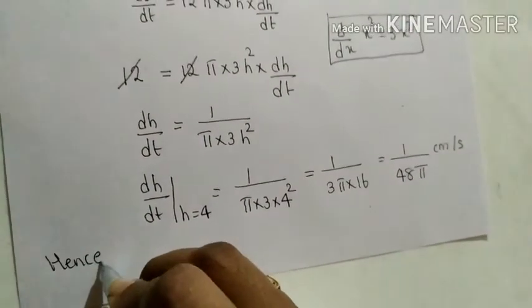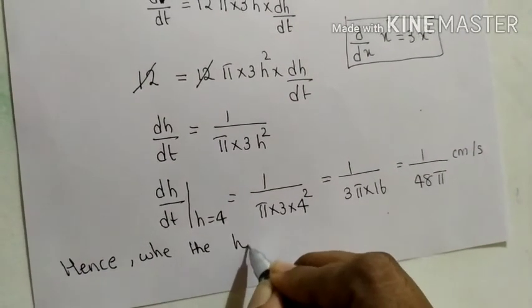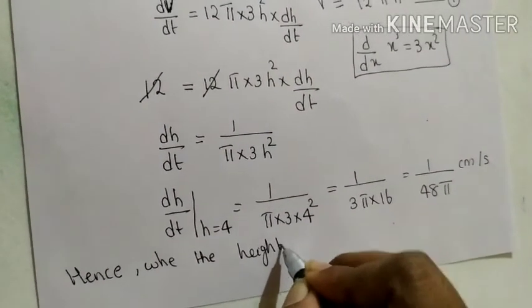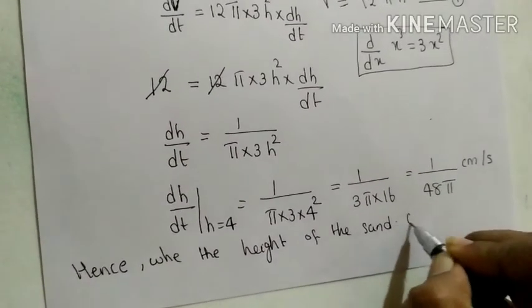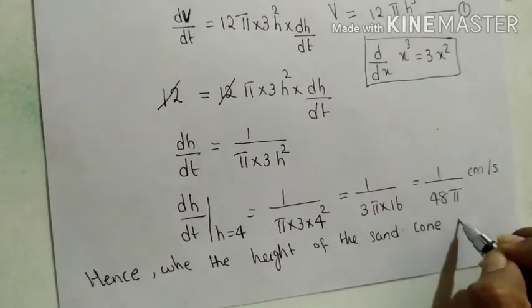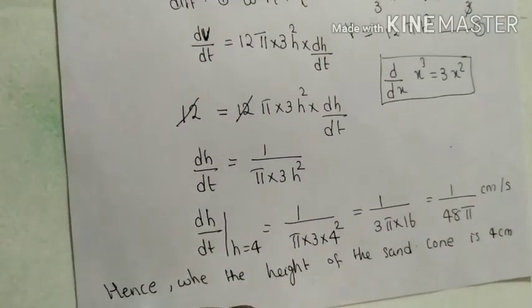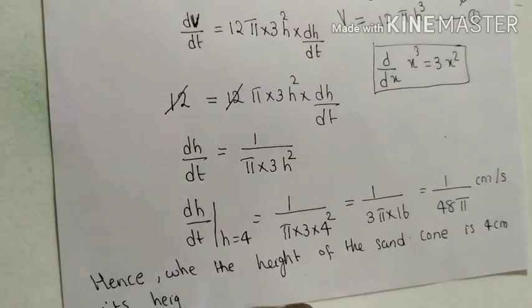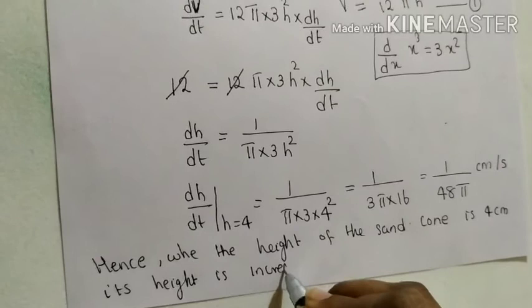Hence, when the height of the sand cone is 4 centimeter, its height is increasing.